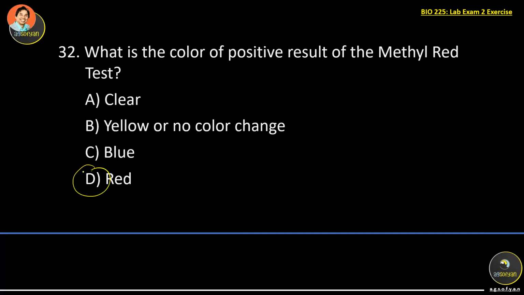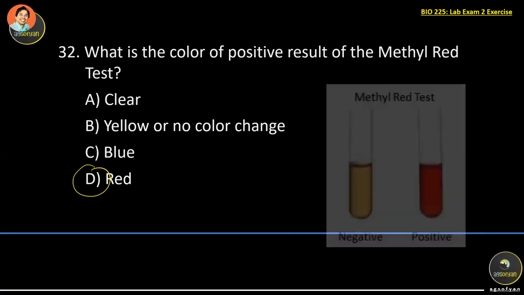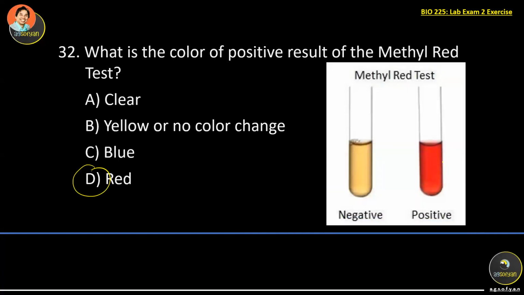It becomes red. So the positive result over here is red, compared to the phenol red test, where the positive result is yellow. So red is the positive result. Yellow or no change is a negative result. So red or cherry red.